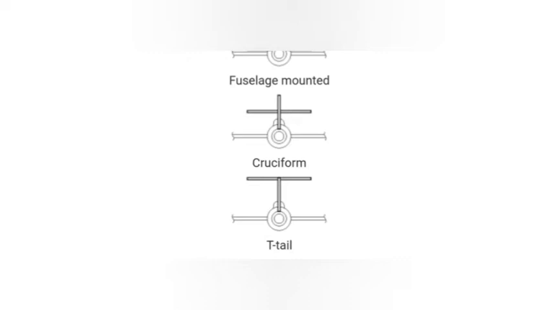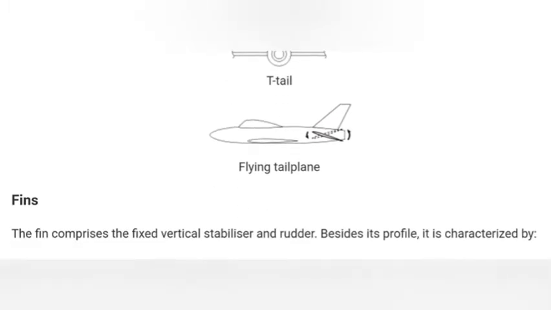This forms a T-tail. Cruciform looks like a cross, and the T-tail looks like the letter T. This is flying tailplane.